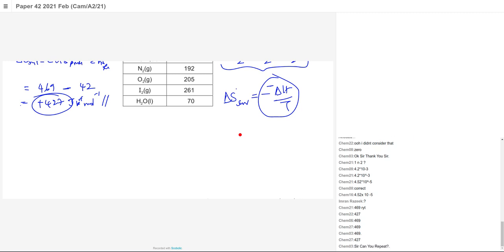Or else you can use the Gibbs free energy equation. I repeat again, as the reaction is exothermic, surrounding entropy is positive. Both system and surrounding are positive, therefore total entropy will be positive. This is one approach. Second approach, you can use the Gibbs free energy. Look here. This is negative.